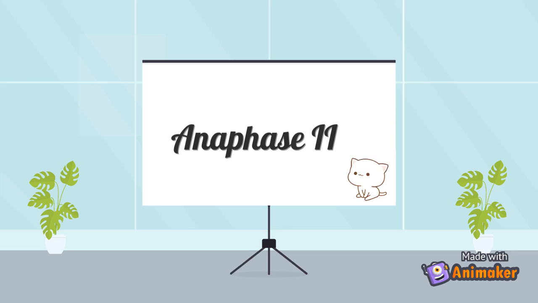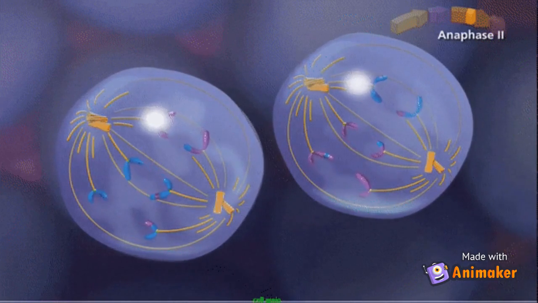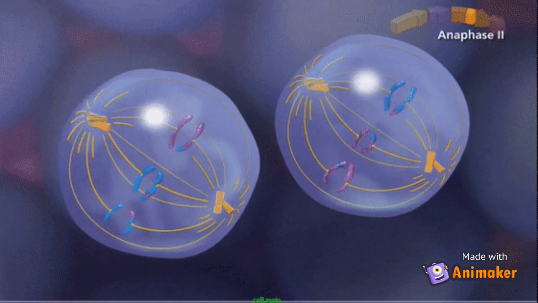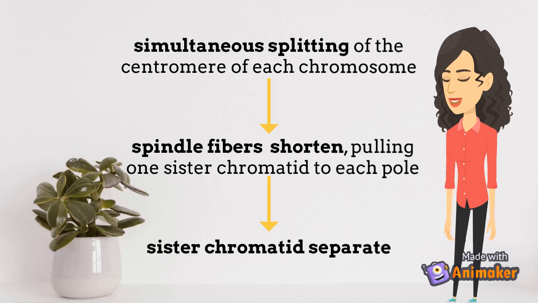Next, let us jump into anaphase 2. A 10-second short animation would be better for understanding. In anaphase 2, it's very important that you remember that there is simultaneous splitting of the centromere of each chromosome.